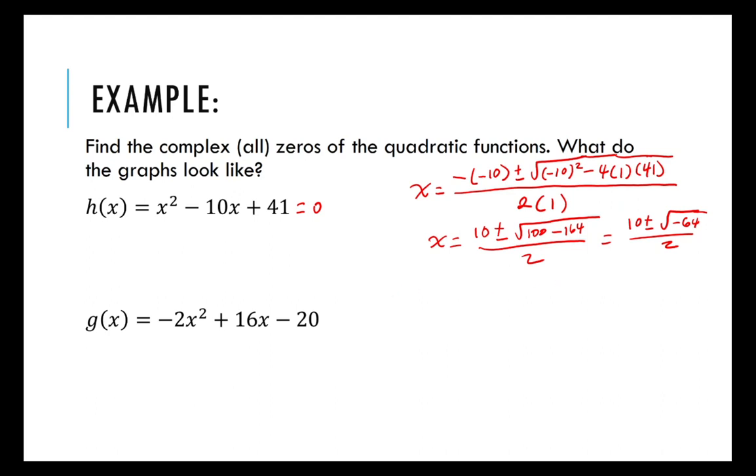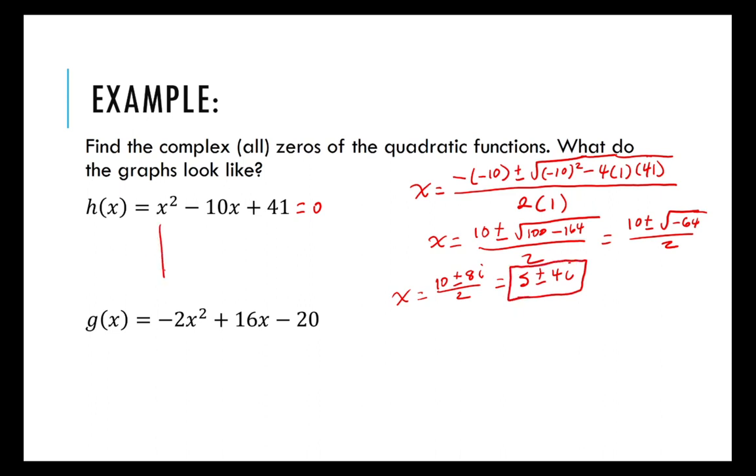That's going to be x is equal to 10 plus or minus 8i, all divided by 2, but then that reduces to be 5 plus or minus 4i. And so those are all of our complex zeros, all of our zeros.